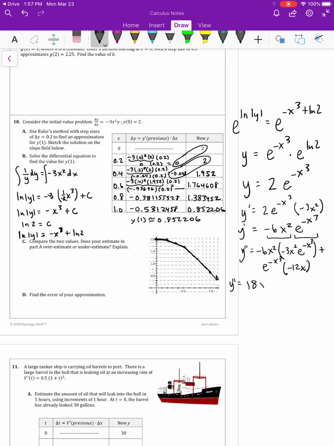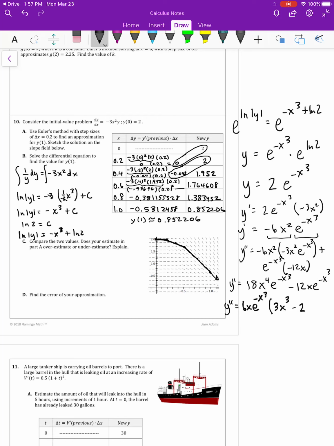And so that second derivative would simplify to 18x to the fourth e to the negative x cubed minus 12x e to the negative x cubed. And this is the one that you would want to look at and say, well, I can factor a 6x out of that, or actually a 6x e to the negative x cubed out of that.